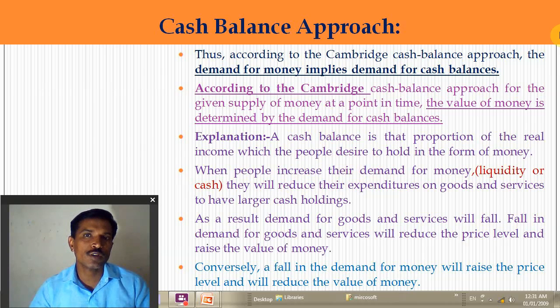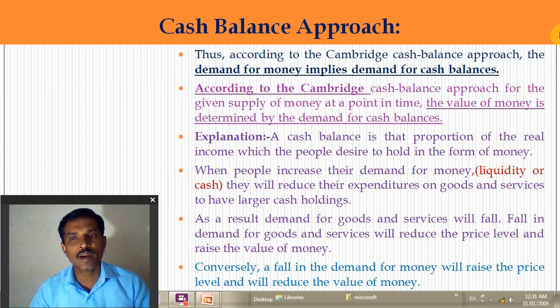According to the Cambridge economists Marshall, Pigou and Robertson, for the given supply of money at a point in time, the value of money is determined by the demand for cash balances, because the supply of money in the short period is not fixed. A cash balance is the proportion of real income which people desire to hold in the form of money.